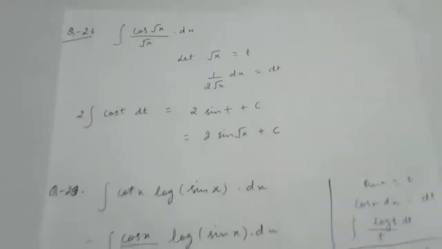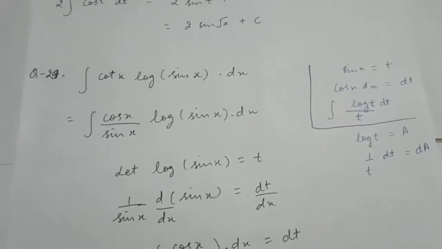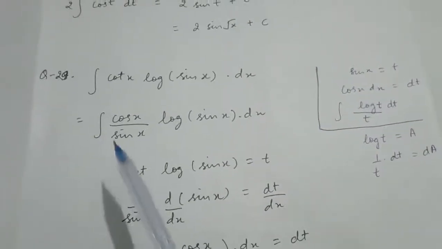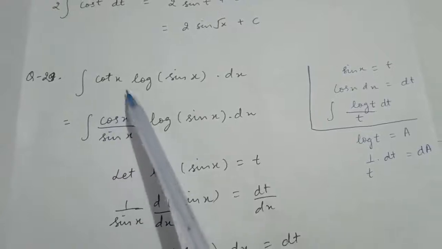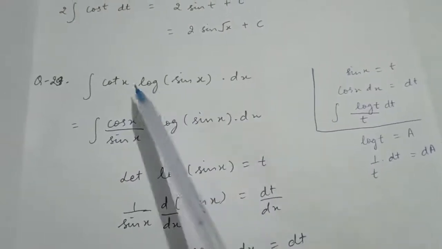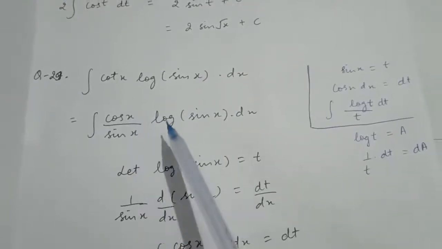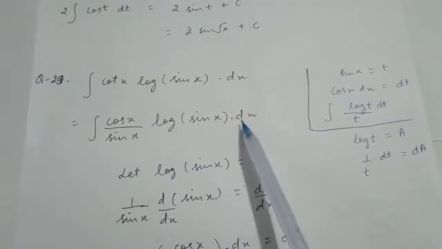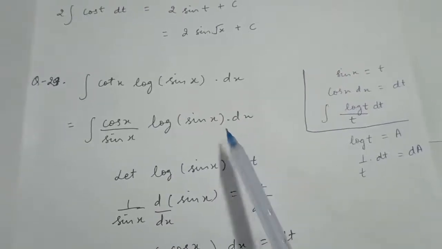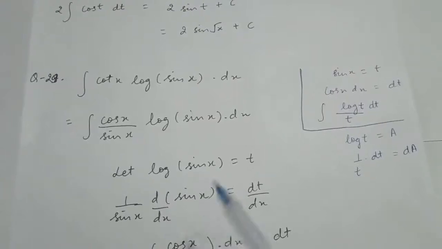Now we will discuss some more questions of exercise 7.2 only. So question 29 is integral of cot x into log sin x dx. Now see, this cot x can be written as cos x upon sin x into log sin x dx. Now you have to decide what to be substituted as t.